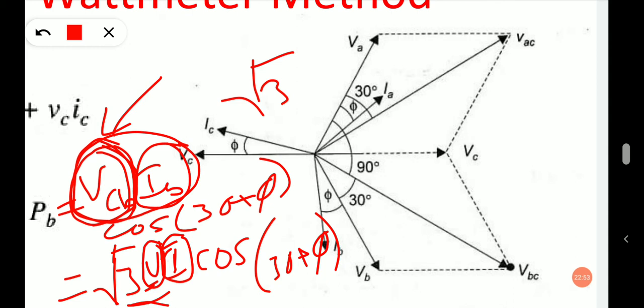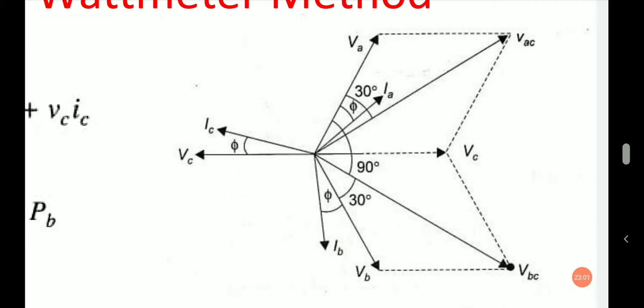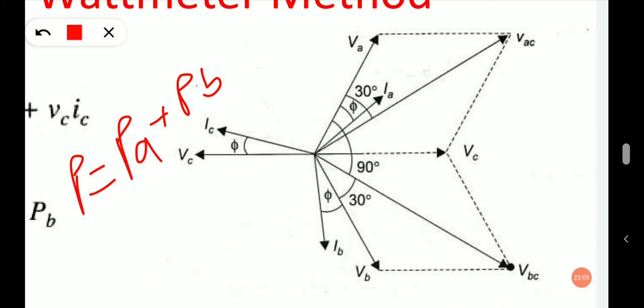Now the sum of the wattmeter readings, that is PA and PB: P equals PA plus PB.